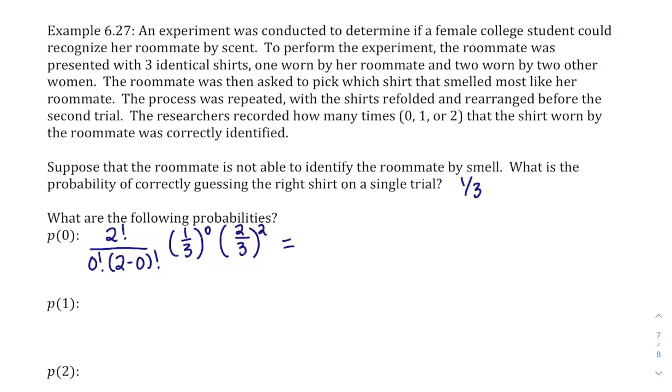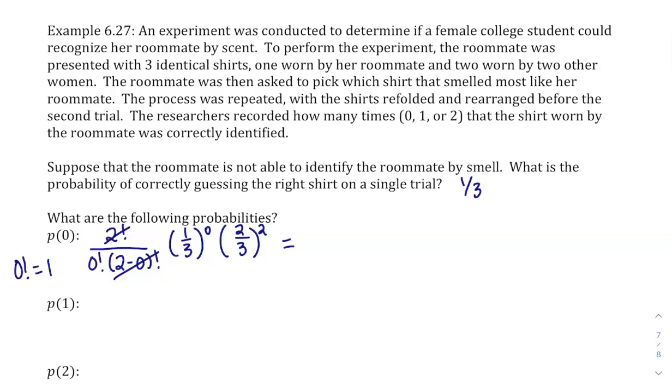A note here, 2 minus 0 will be 2, so that's 2 factorial over 2 factorial. That's going to go away, and 0 factorial equals 1. There's only one way to rearrange no numbers. It's kind of a weird thing, but 0 factorial is 1.